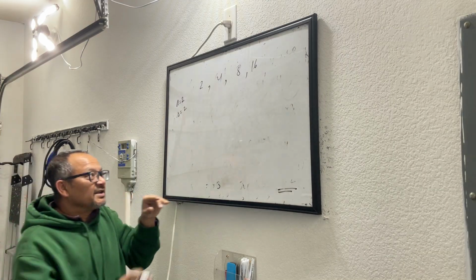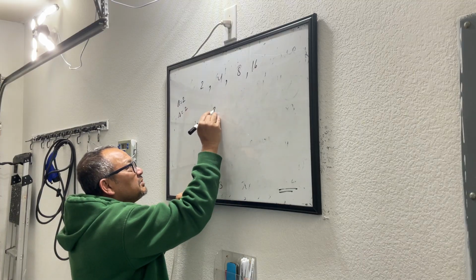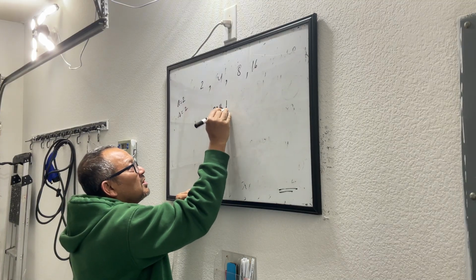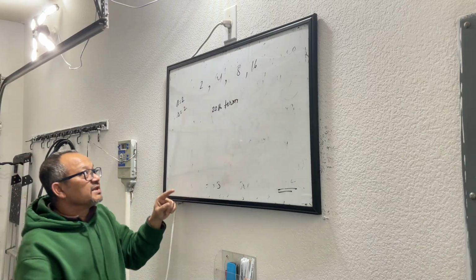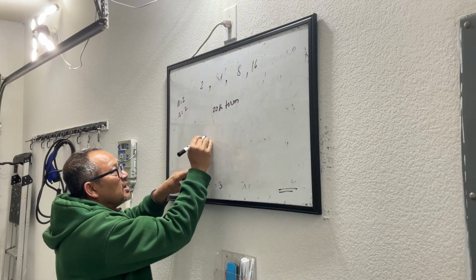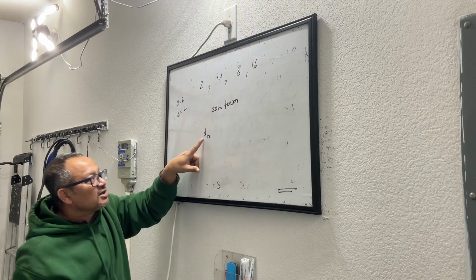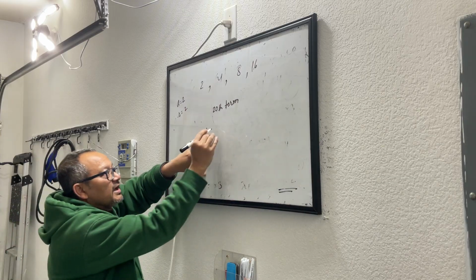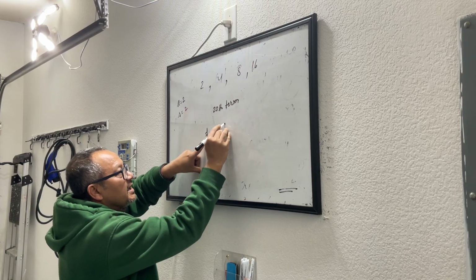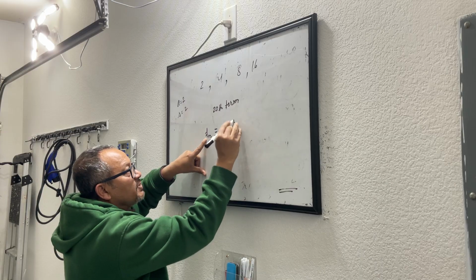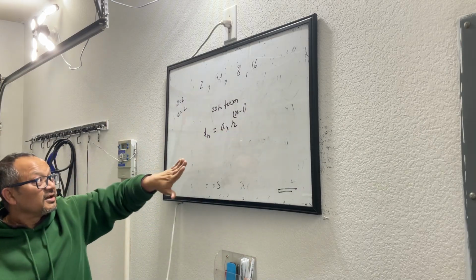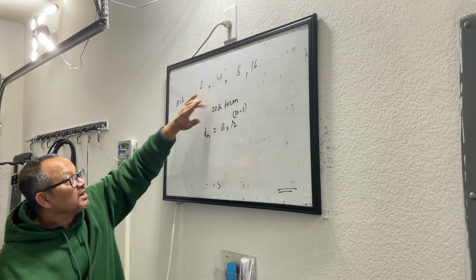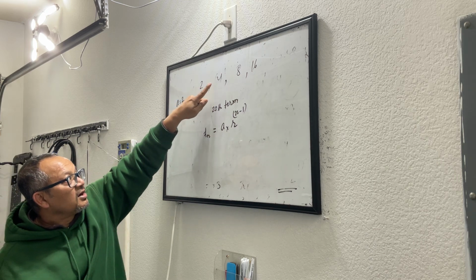If the question says, find out the 20th term of this sequence, you will say, we know the nth term, let's call it Tn. Nth term is A times R to the power n minus 1. That's what, guys, here.